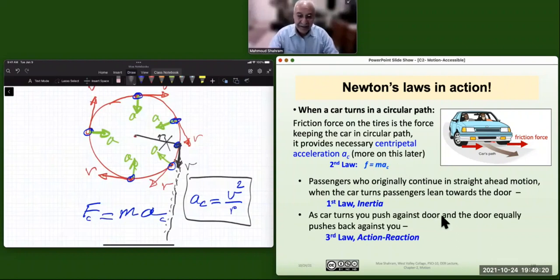And then the third law is also involved here, because now the passenger is pushing against the door, and the door is pushing back at you. So the action reaction is there too. So you see how you analyze a very simple example in your everyday life. You turn on the exit, you have 3 laws of Newton applied in that situation.